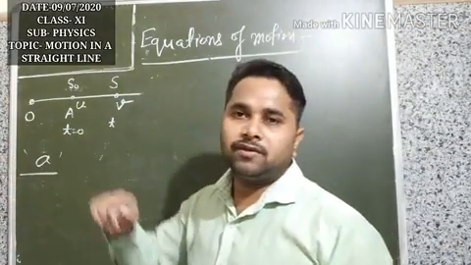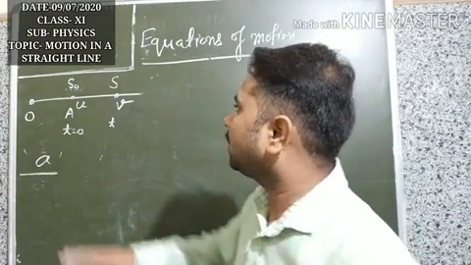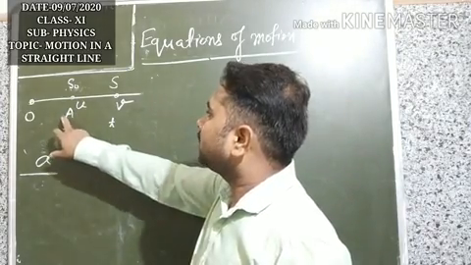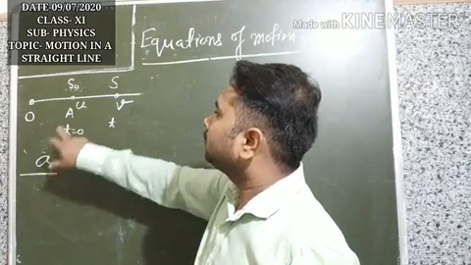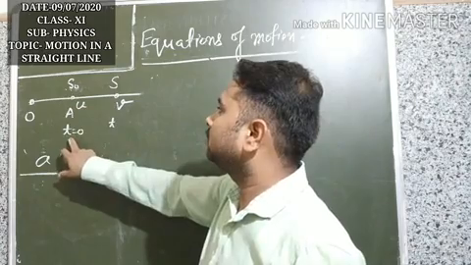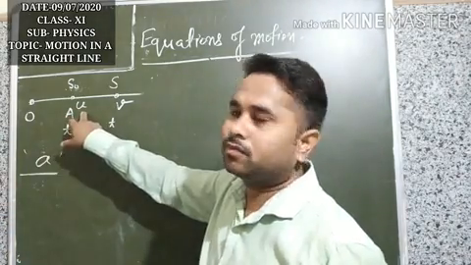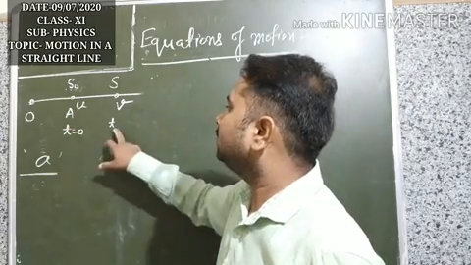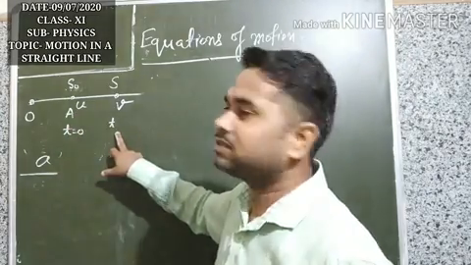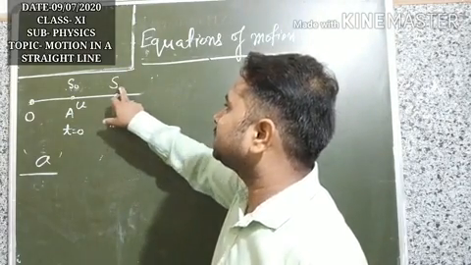O is the reference point from where the observations of the body are taken, and when the body reaches point A, the initial displacement is s0 when t is 0, and velocity of the body at A is u. After time t, means from 0 to t, the time interval is t, the velocity becomes v and displacement s.